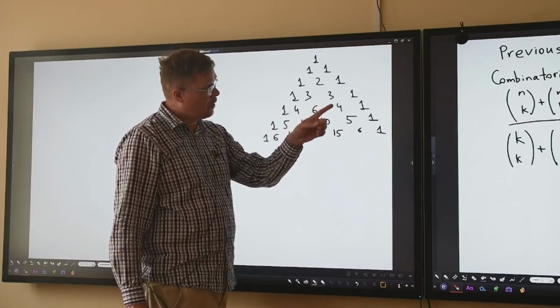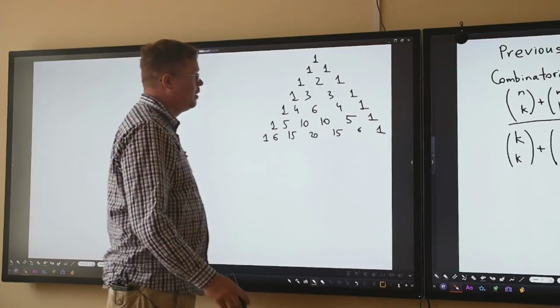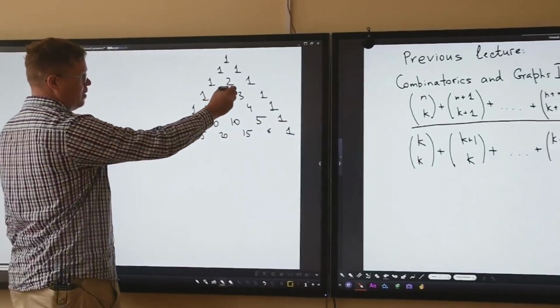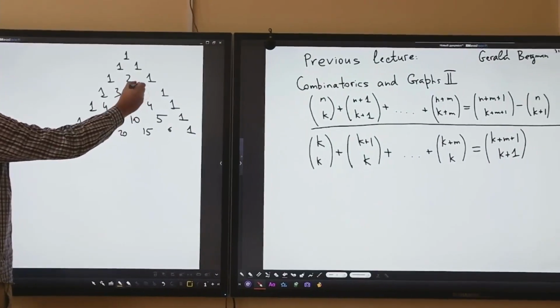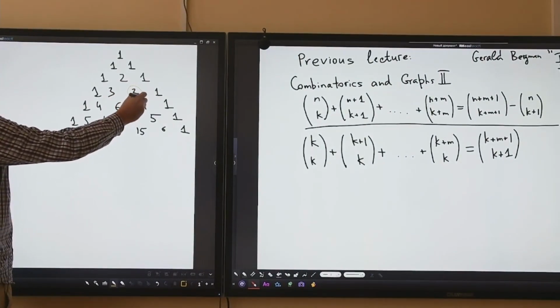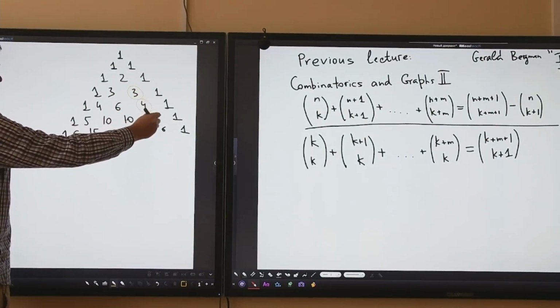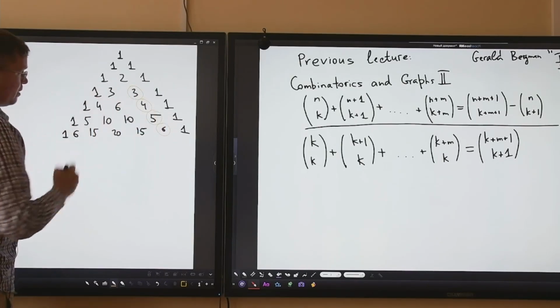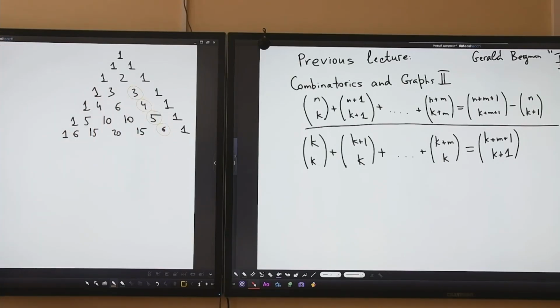If I look at the upper one, I just take some element and then take the elements lying on one diagonal.